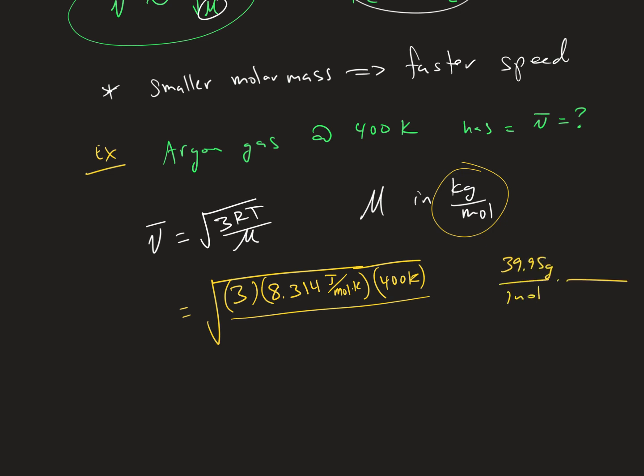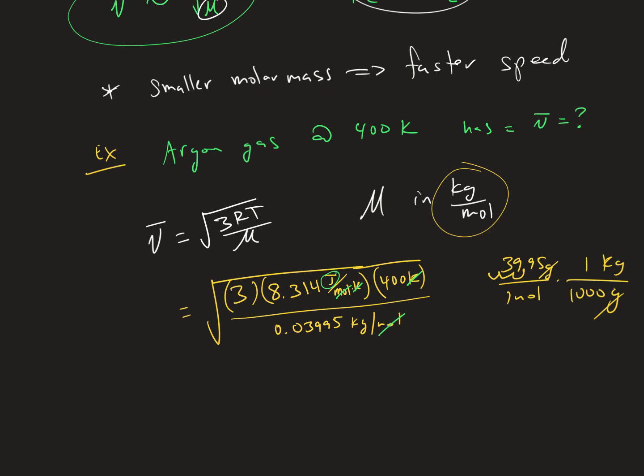So we got to convert grams into kilograms by dividing by 1,000. So we got to do a conversion before we stick it in there, right? So that's going to be 0.03995 kilograms per mole. Did I do my math right? 1, 2, 3, yeah. And then just to make sure all of the units cancel appropriately so that we know we're not missing anything.